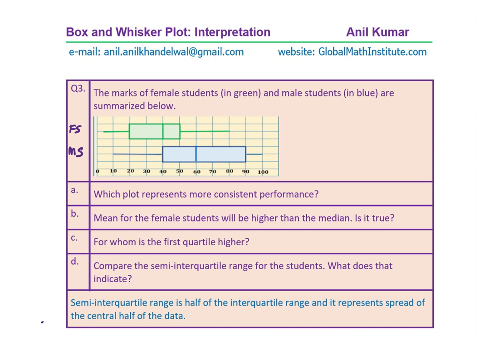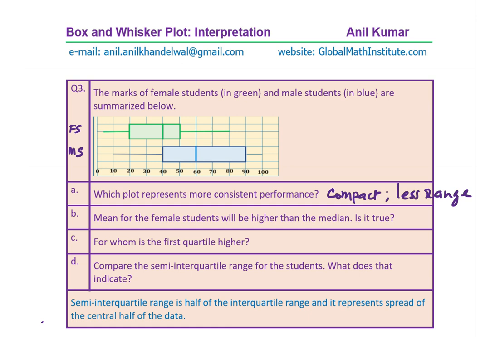Let's look into them. Which plot represents more consistent performance? More consistent means more compact, which means less range. Clearly, the plot for the girls is more compact.